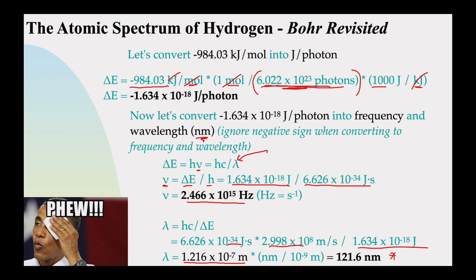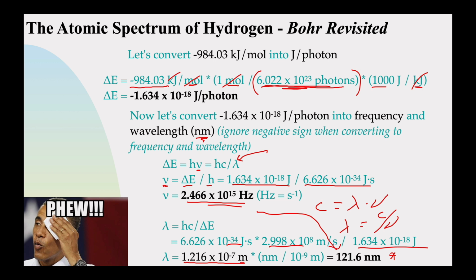Now, you could have also gone from frequency to the wavelength using the idea of speed of light equals wavelength times frequency. So wavelength would also equal the speed of light divided by frequency. So you could have taken speed of light, 2.998 times 10 to the 8th, divided by the frequency here. You'd get the same number of meters, which you could convert to nanometers, whatever.